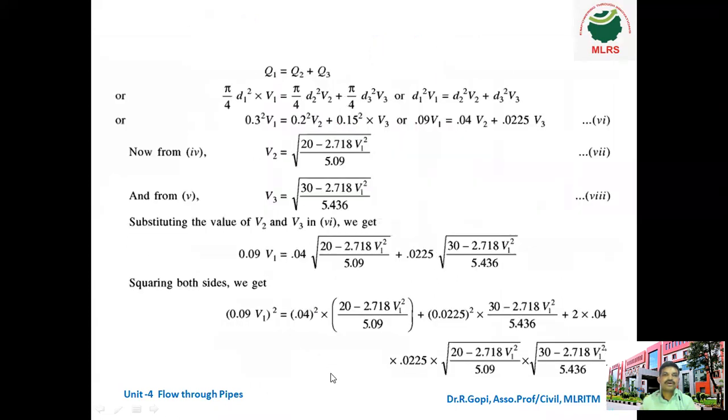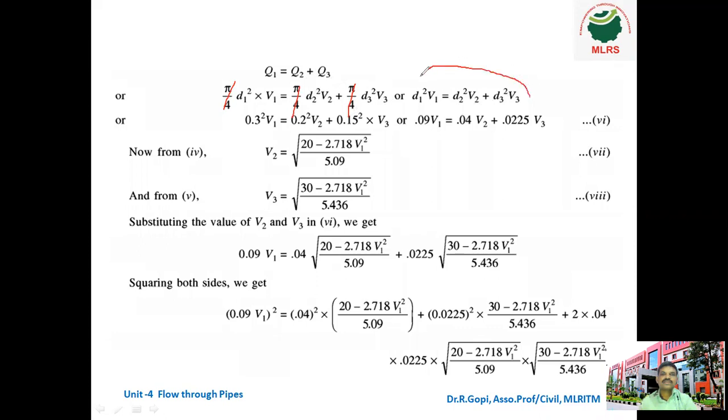So now write the formulas. Q1 is equal to pi by 4 D1 square into V1, equal to Q2, pi by 4 D2 square V2, plus Q3, pi by 4 D3 square into V3. The common term here is pi by 4, so these get cancelled. Therefore D1 square V1 equal to D2 square V2 plus D3 square V3.